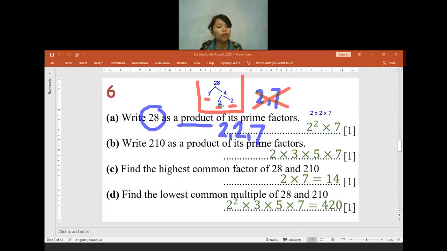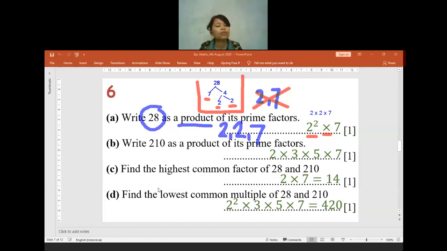At the end of this branch, I have two numbers of 2, that's why I write 2 to the power of 2. And there is one number of 7, I just write it as 7. 2 to the power of 2 times 7. Do not forget to write the times because it is product. Product means times, so do not forget to write the multiplication sign.